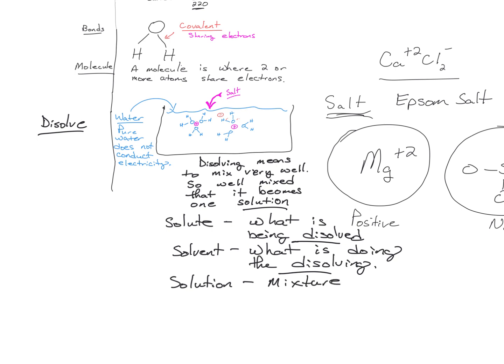So when we talk about a solution, we're talking about looking at something that's so mixed up that you can't tell the difference between its parts. When you breathe in air, you're thinking air is one thing. It's not. Air is a mixture of things.